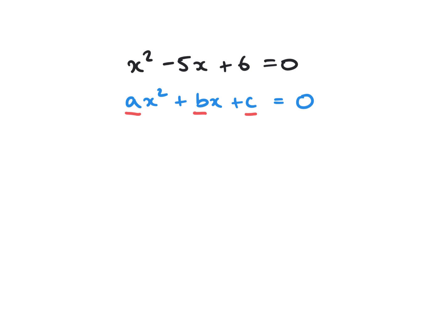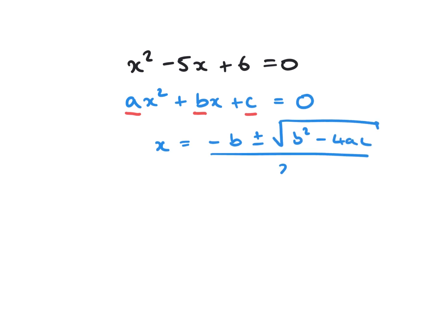So we're going to focus on those in a moment. But firstly, I'm going to write down the quadratic formula. The quadratic formula is the x values are equal to negative b plus or minus the square root of b squared minus 4ac all over 2a. Notice I'm saying all of it's over 2a.